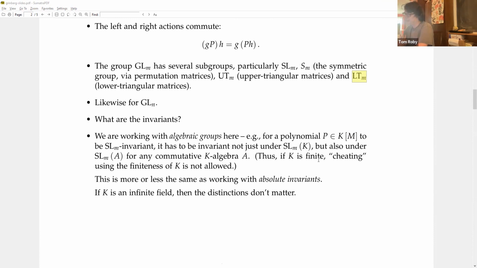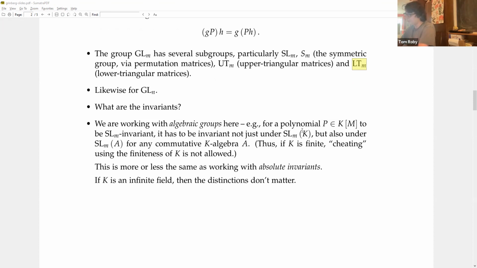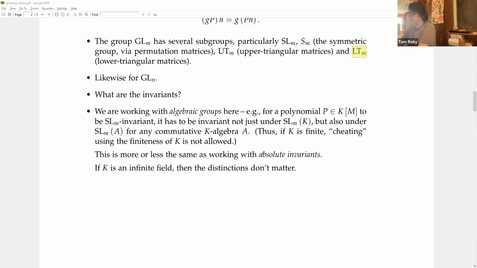If the field is finite, we require our polynomials to be invariant not only under what happens to be in GLn K, but also under GLn A for any K-algebra A. So this is also known as absolute invariance or algebraic invariance. There's many ways to say it.